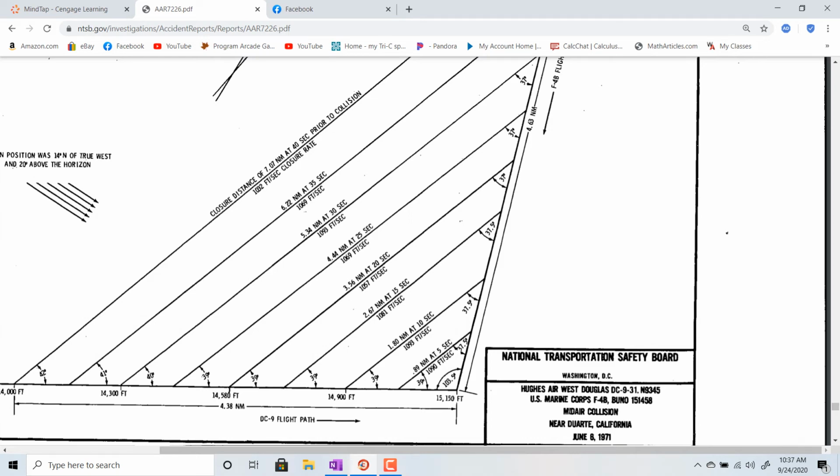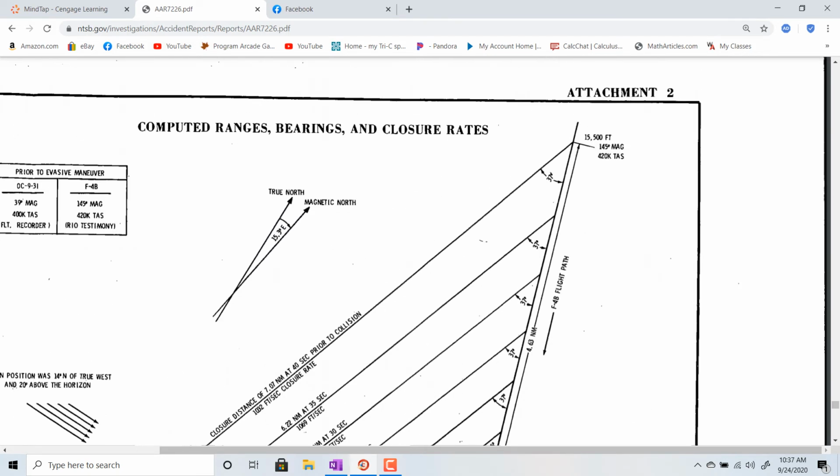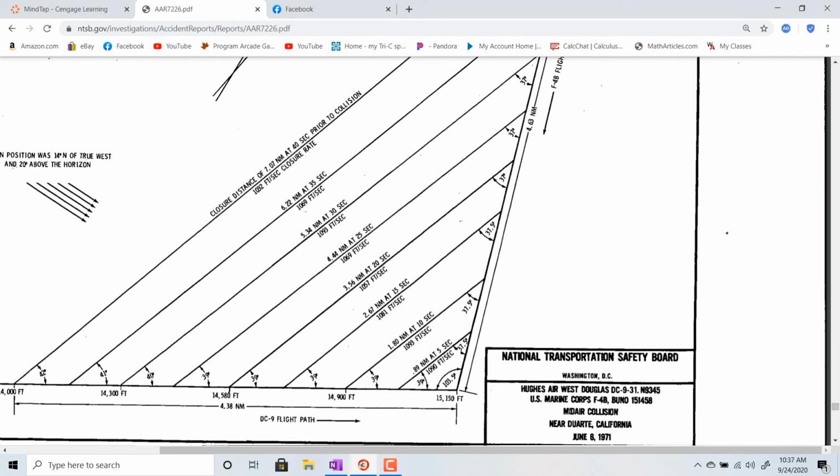A couple of years ago I went through it to verify all of their math, and you could see they had gone through and found the rate of change for every particular moment they were worried about.